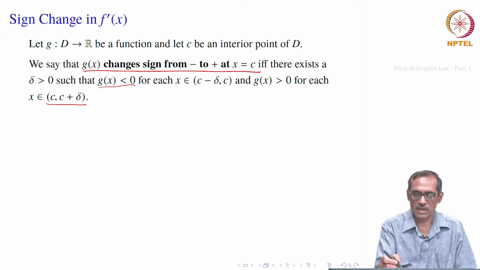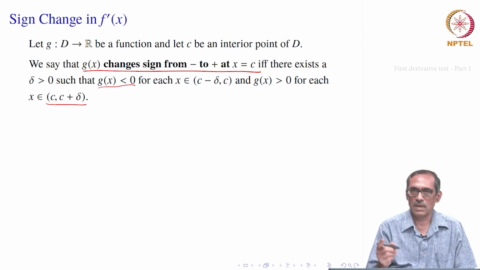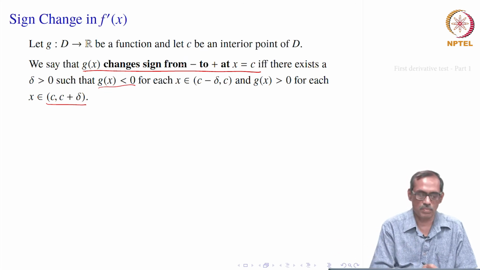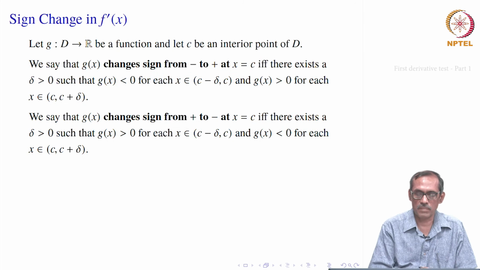So, that is clear, why do you say changes sign from minus to plus. On the left of it is minus, on the right of it is plus. So, you say that it is changing sign from minus to plus at x equal to c. Of course, at x equal to c it is 0, if g is continuous it has to be because of the intermediate value theorem.